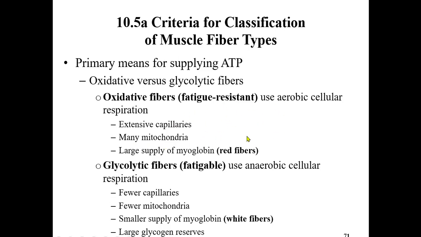And so we're really describing the slow fibers here in this paragraph at the top. Then at the bottom, we're describing glycolytic because it's anaerobic, less mitochondria, less myoglobin, so they are white. Okay, that's how it works.